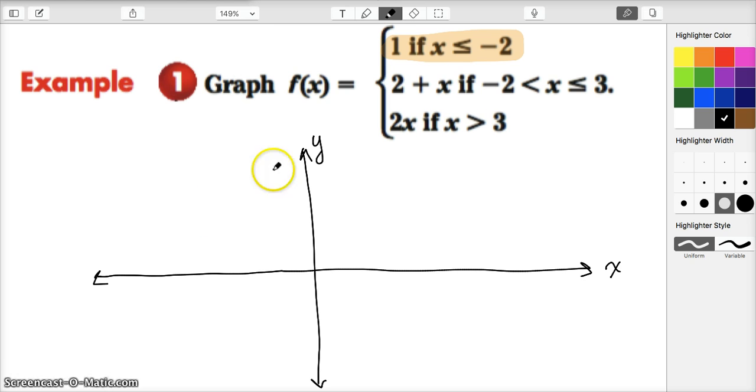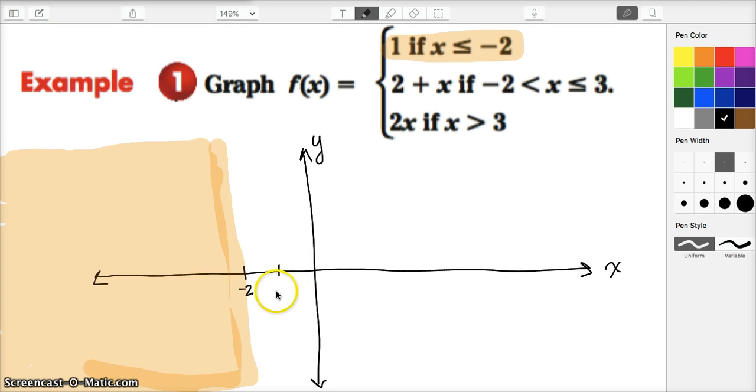And so that lets me know that if I come over here at negative 2 on my x-axis, my graph will, in a sense, start here and then go all the way back. So the realm of this graph will be on this part of the coordinate plane, only from negative 2 back. And now it says the function f of x is equal to 1 if x is less than or equal to negative 2. So I'm going to graph y equals 1 in this realm.